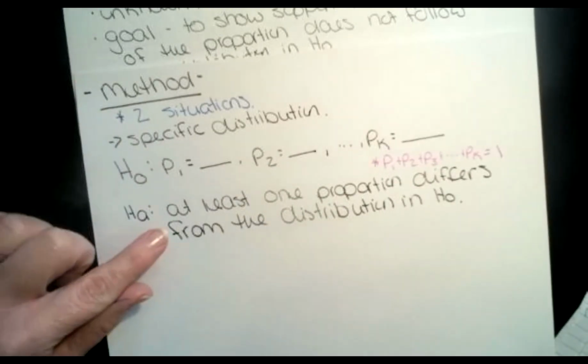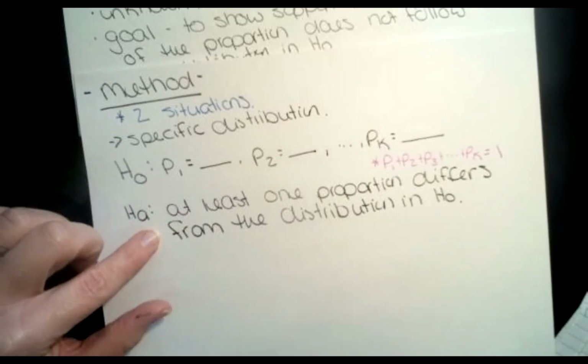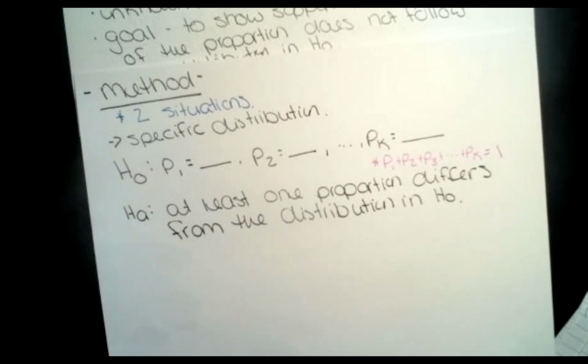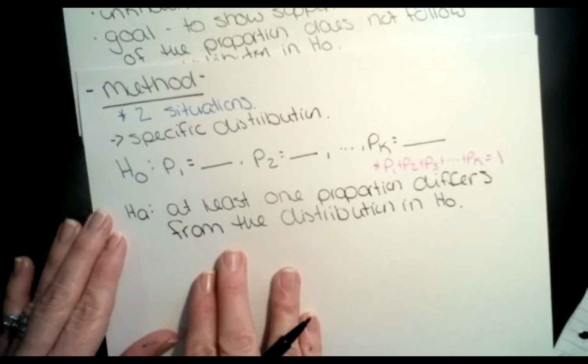It's easier actually to write it in words like this than to try to write it in symbols, because how do you pick which one's going to be different? It doesn't have to be a specific one's different. It's just you're saying, well, one of them's different. And that means if one's different, then more than one's different, since they're proportions, right? They're percentages. Okay. So that is one situation that we have with the goodness of fit test.